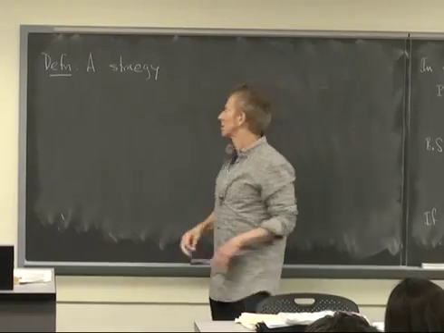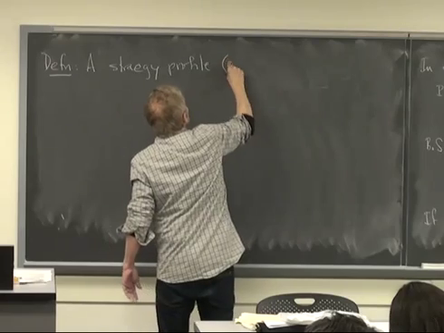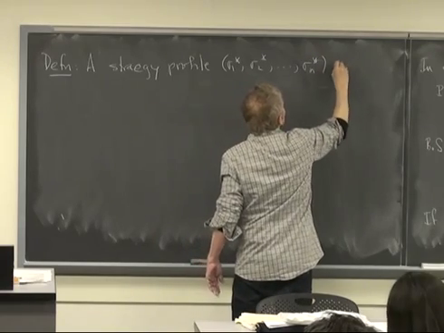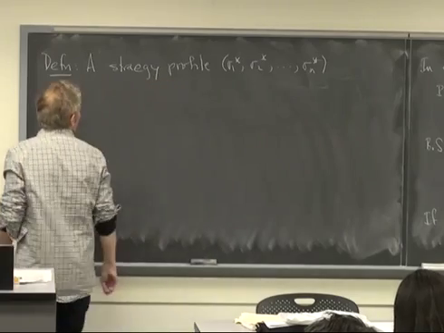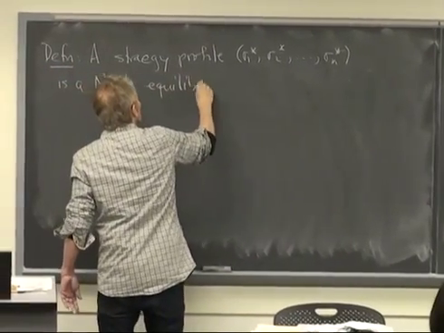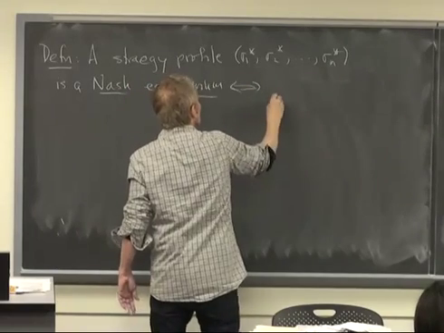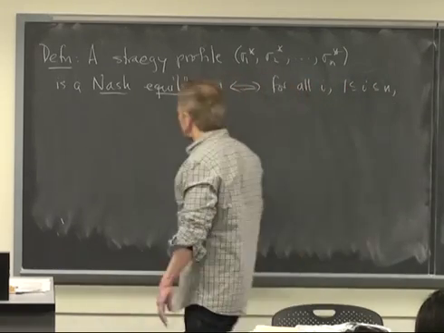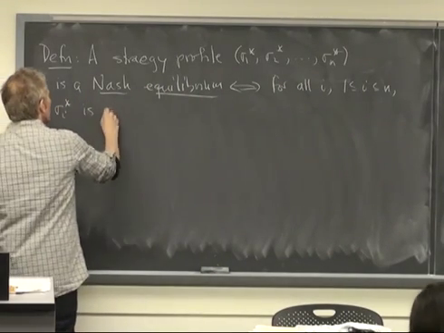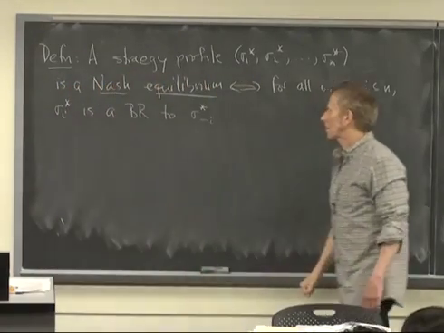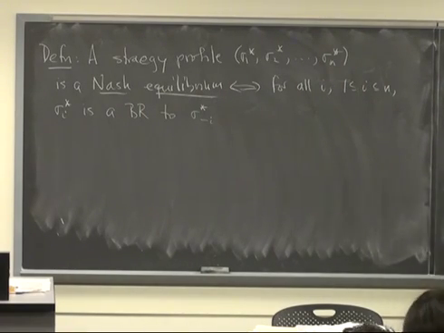So action profile, strategy profiles, etc. A strategy profile, sigma 1 star, sigma 2 star, up through sigma n star, and we can call that sigma star if we want, is a Nash equilibrium of the game if and only if for every i between 1 and n, for every player, sigma sub i star is a best reply to the other players' strategies, sigma sub minus i star. That's what a Nash equilibrium is.